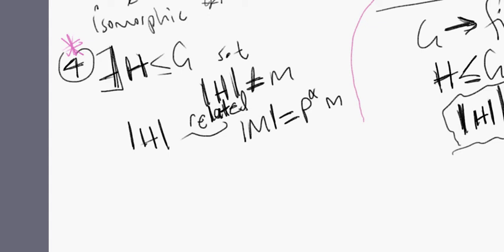Yeah, I can't think of anything. How else would we show that a group has a certain order, or that a group has order p to the alpha in particular?